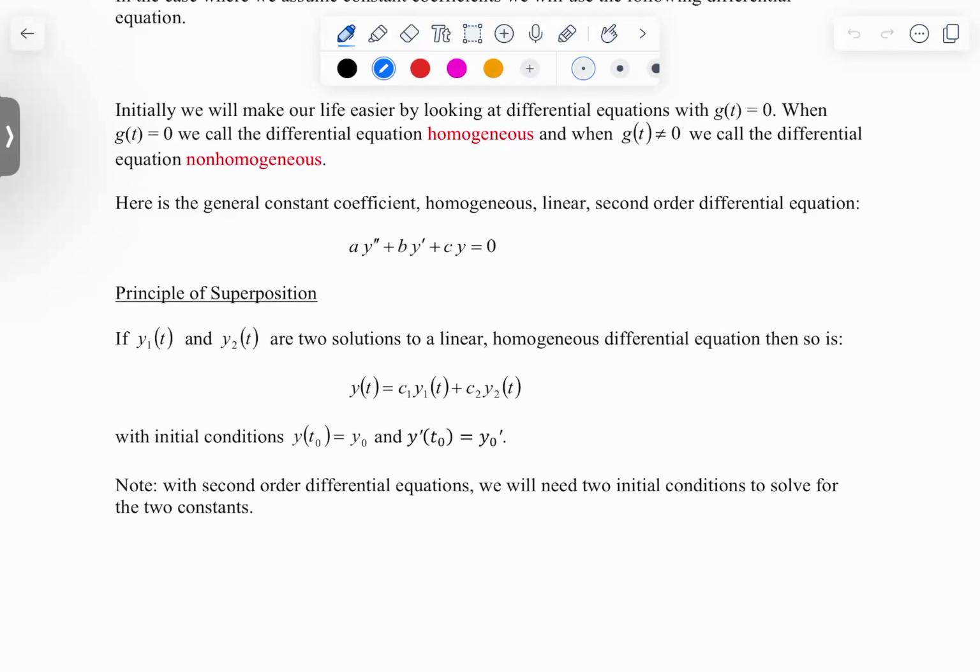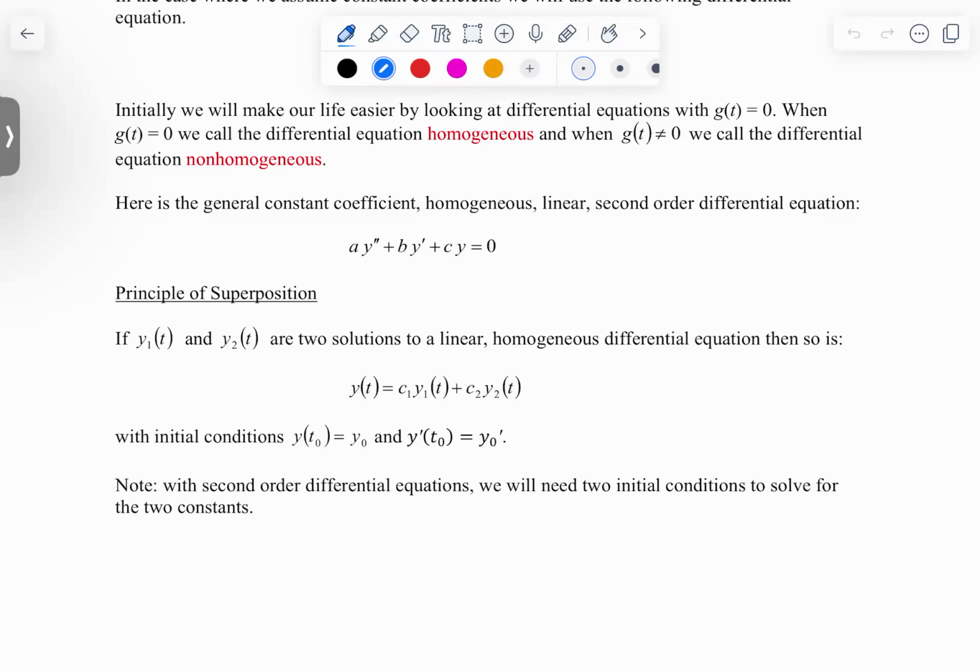If we have two solutions to the linear homogeneous differential equation, you can write a single solution with two constants associated to each of the individual solutions. This tends to be the common form of the general solution to our second order differential equations.